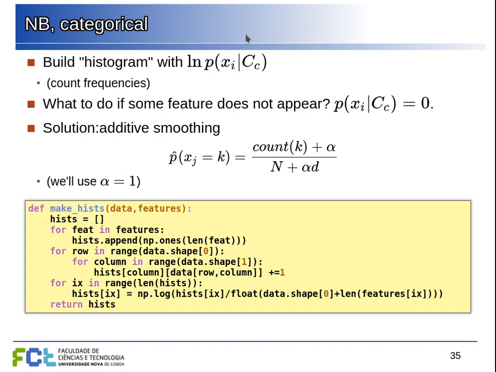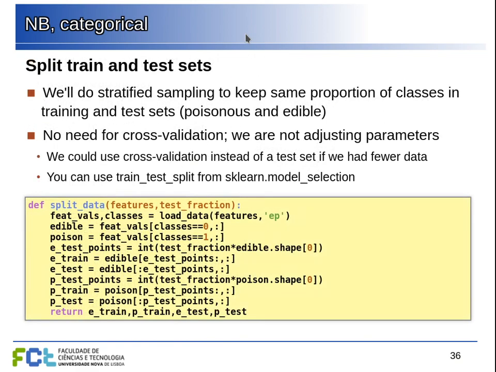Okay, so this allows us to compute the frequencies with which each value on each feature occurs in a given class. So we can now call this for the different classes. We are going to split the data into edible and poisonous, and then we're going to compute the different frequencies for the edible and for the poisonous. Note that in this case, I'm not going to do validation.